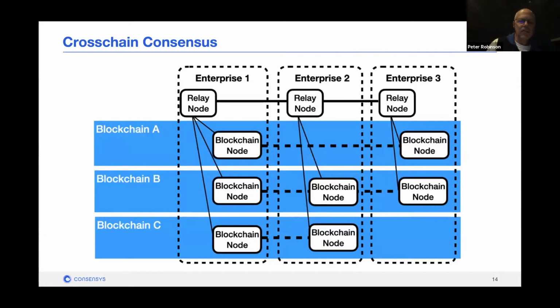And similarly, if there's some update that happens on blockchain C, Enterprise 3, before it commits its changes to its blockchains, wants to know that that's really happened. And so again, you need to prove that stuff's happened on remote blockchains. That's what cross-chain consensus gives you, an assurance that something's happened on a remote blockchain.